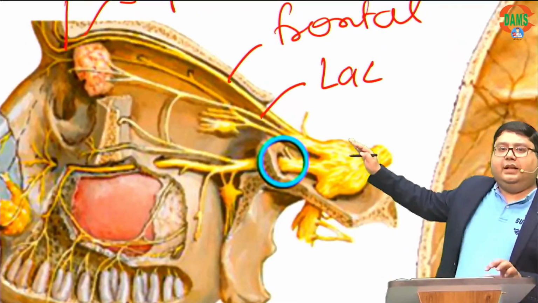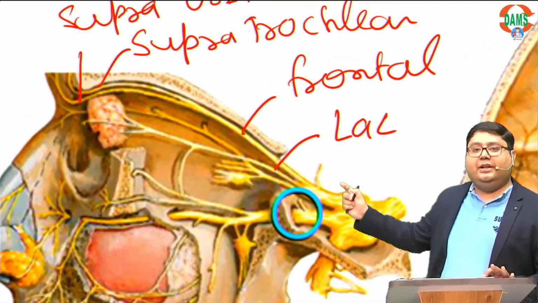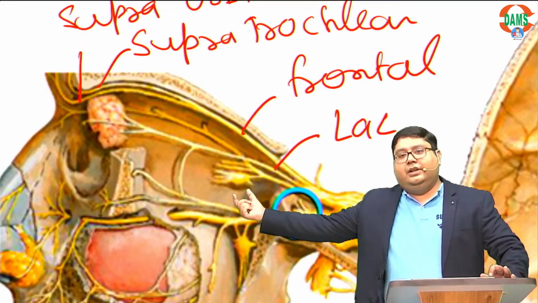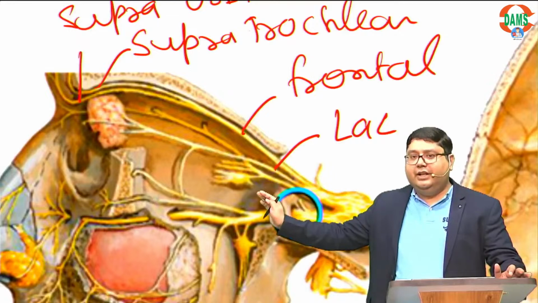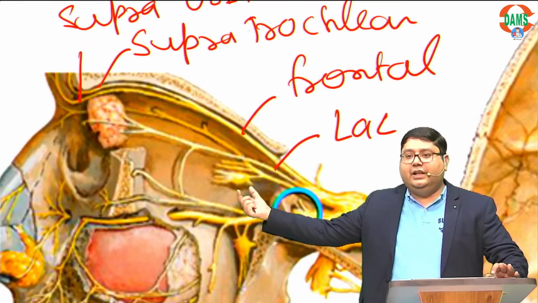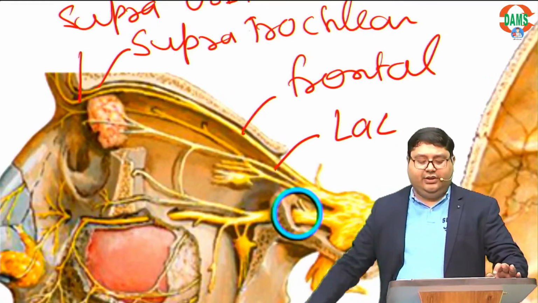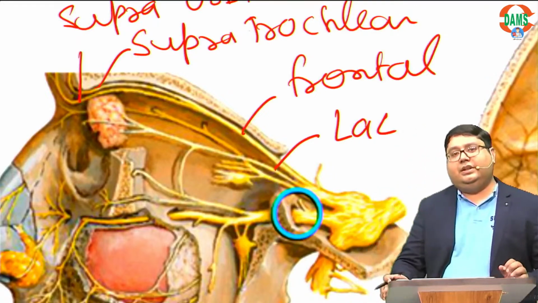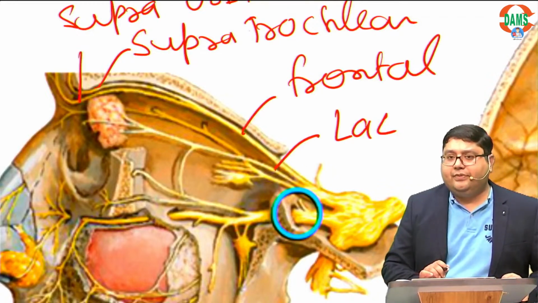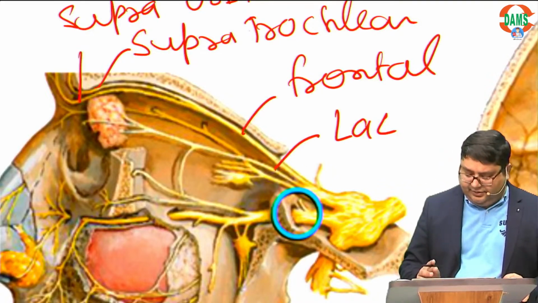Okay. Are you clear up to this much part? Now tell me the name of this third nerve which is holding the ganglion. The third nerve is nasociliary nerve. But what is the name of the ganglion? The name of the ganglion is, that is ciliary ganglion, right?